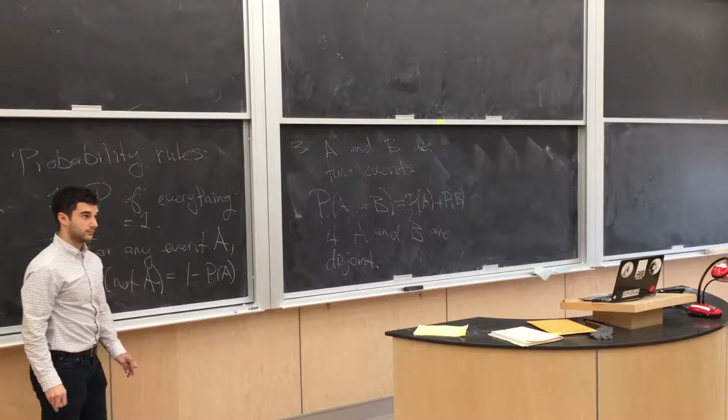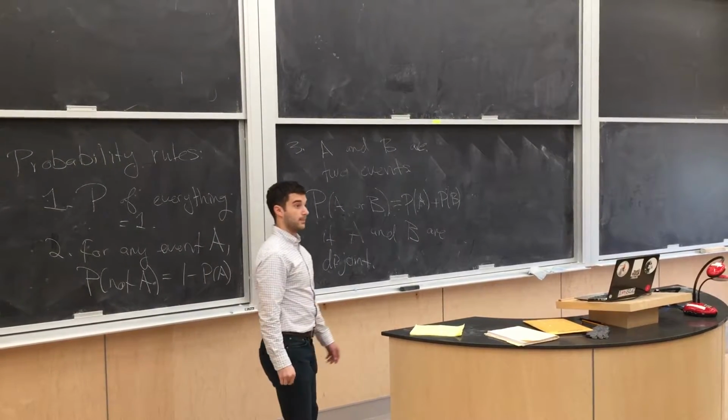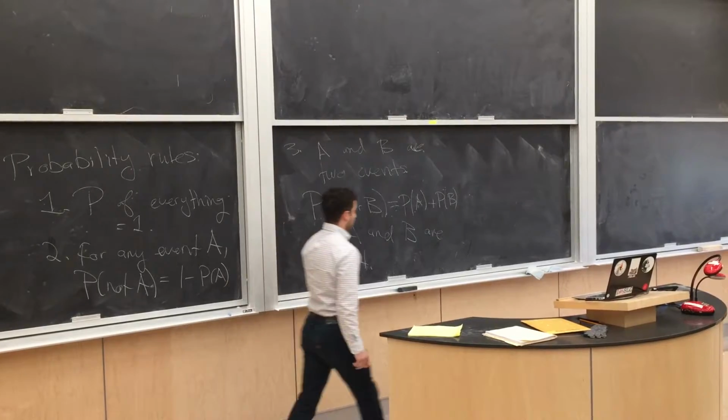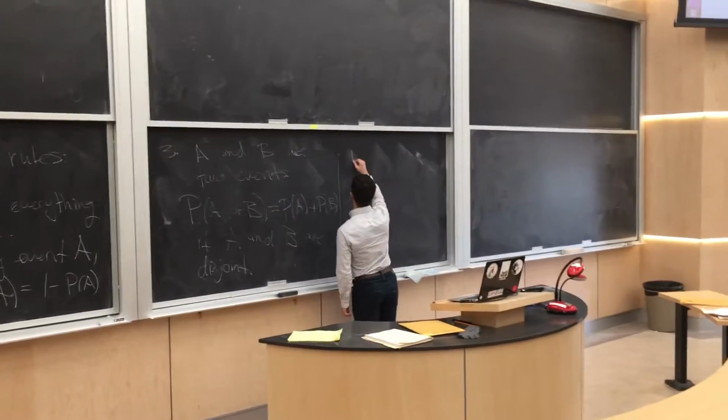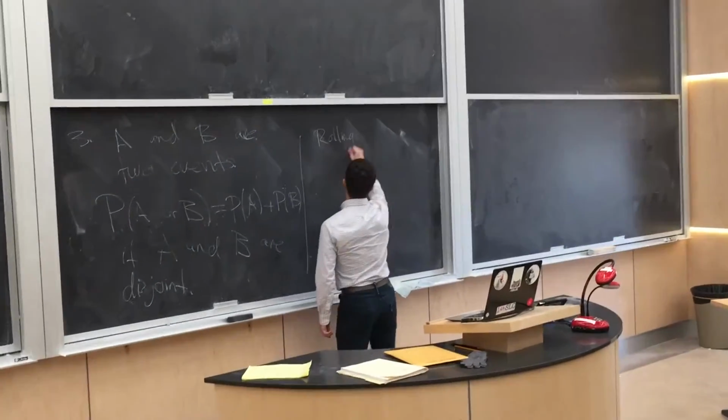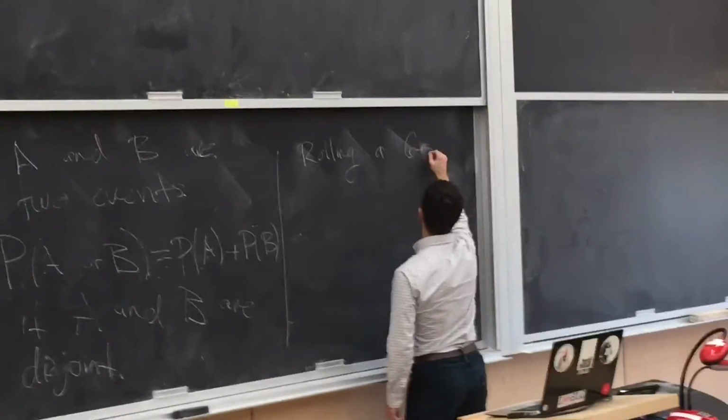Okay? Yep. Can you give an example of a disjoint event? Yeah, so let's say we're rolling a 6-sided die.